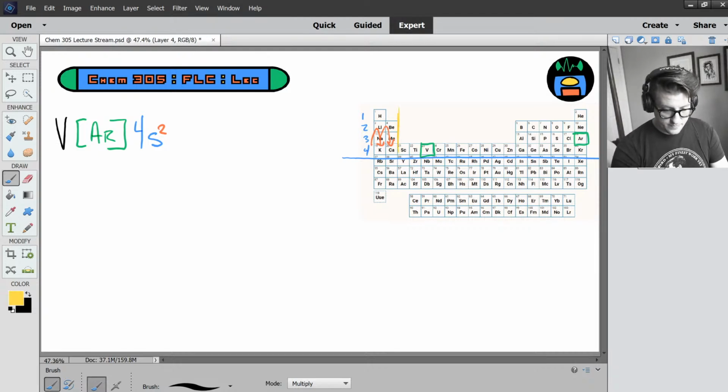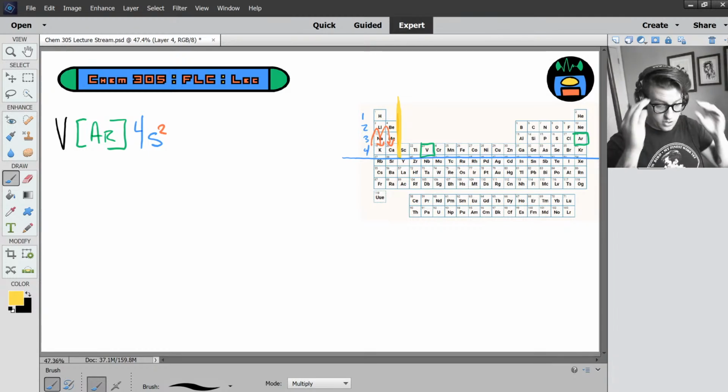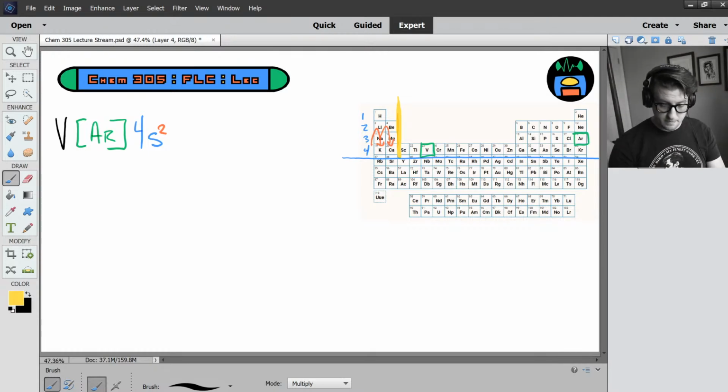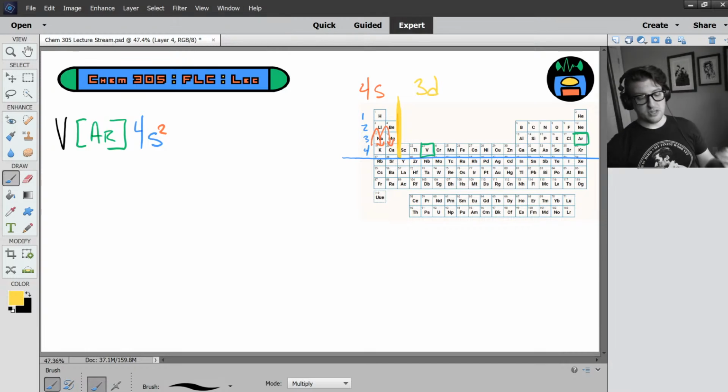Every time you cross from the S block to the D block, you want to hear this little alarm bell going off in your head, because there's something that you need to remember. Over here in the S block, we may be dealing with the 4s, but when we cross over into the D block, the D subshell that we're filling will always be 1 energy level lower than the S.